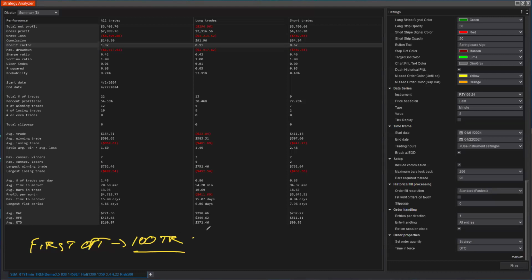On a 1 minute chart, odds are you'll get to 100 trades in about a month's worth of data. On a 3 minute, you might get 100 trades in 3 months. On a 5 minute, you might not get 100 trades unless you run 6 months, right? So that's your starting point.